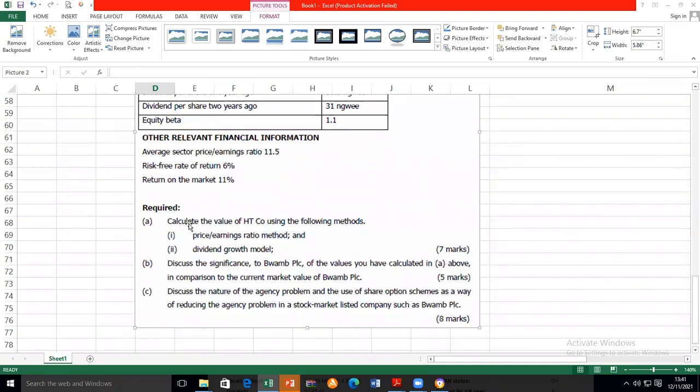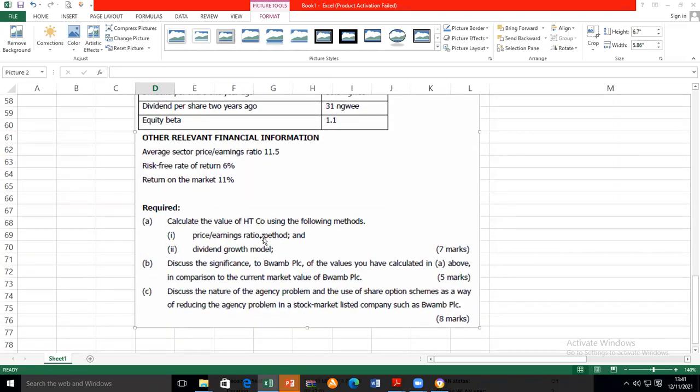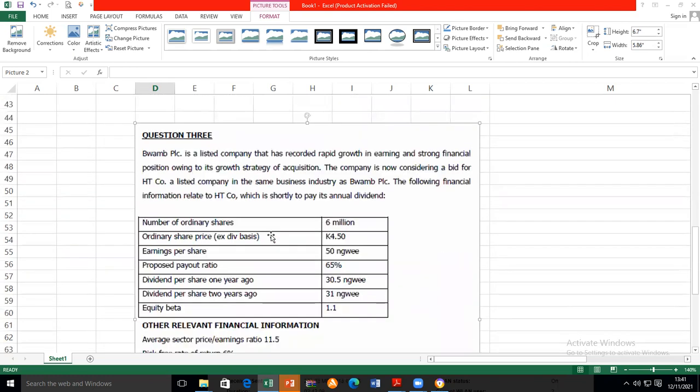The next question, as we know, paper is mixed, is now valuation. Calculate the value of HT using the following methods: price earnings ratio and dividend growth model. These are common valuation methods. B is a listed company that has recorded rapid growth in earnings and strong financial position owing to its growth strategy of acquisition.